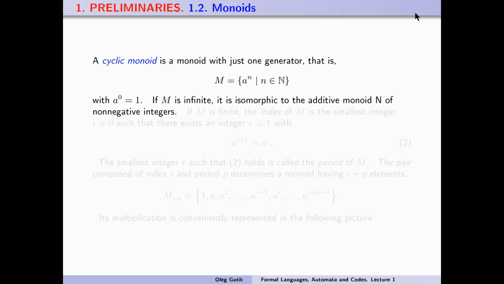Well, a very simple example: if we consider the set of non-negative integers with the usual operation of addition, then 0 is the neutral element of this monoid N plus.